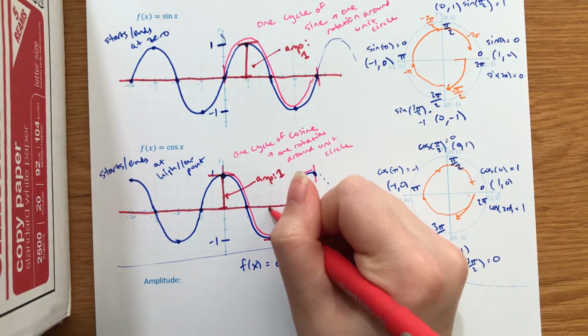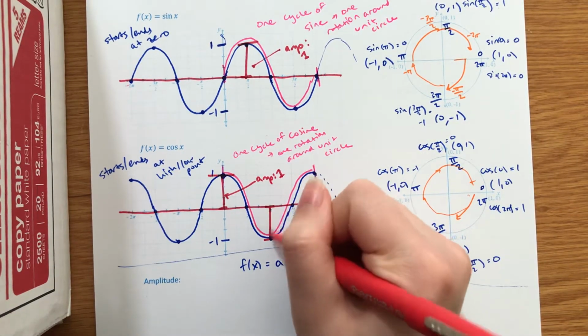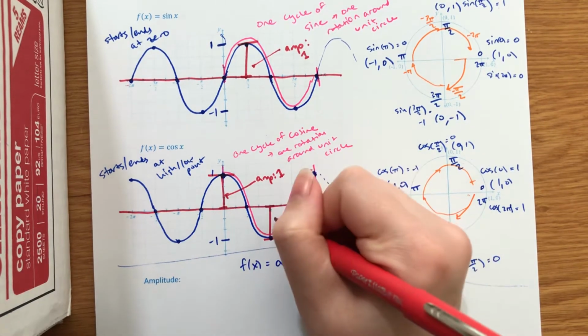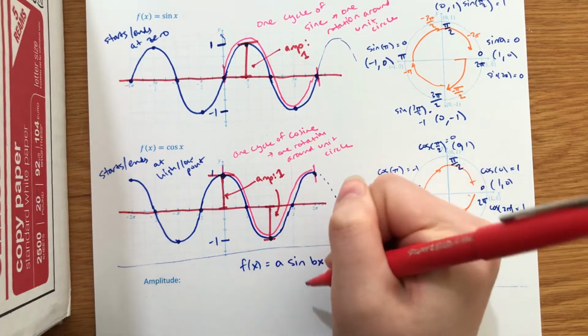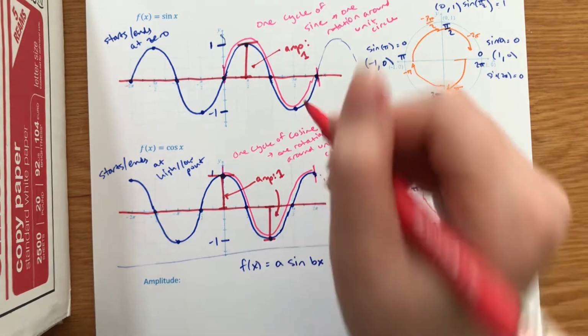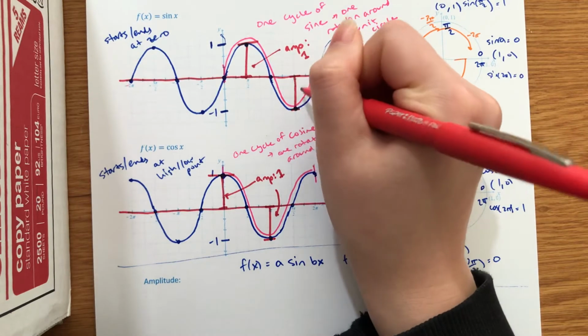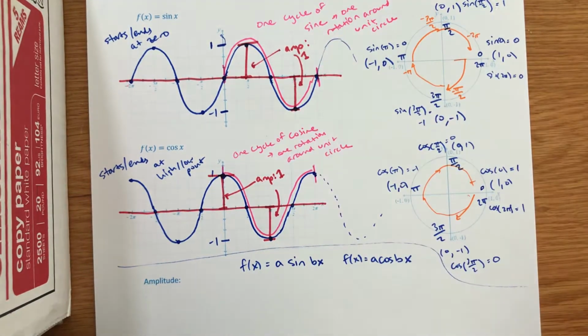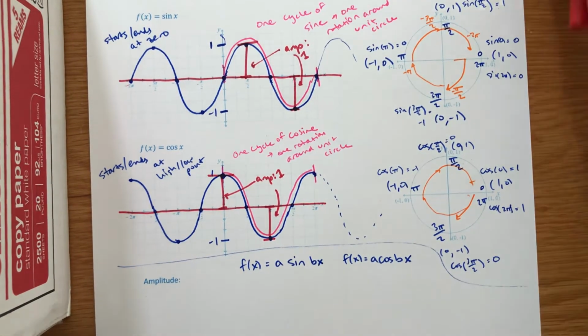So if I measured from here to here, our distance, we take the absolute value of it. It's technically 0 to -1, but the amplitude is considered to always be positive because you're just measuring how big it is. And same thing here. So your amplitude distance should always be the same for the peaks and the valleys, and it's always a positive value.